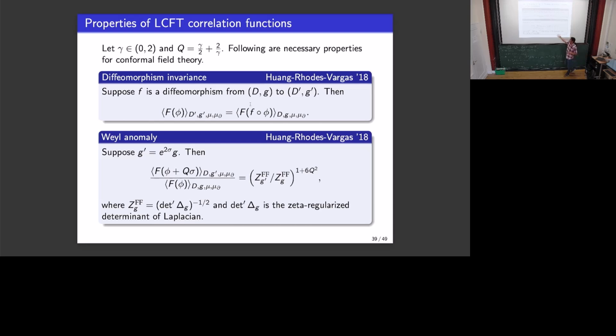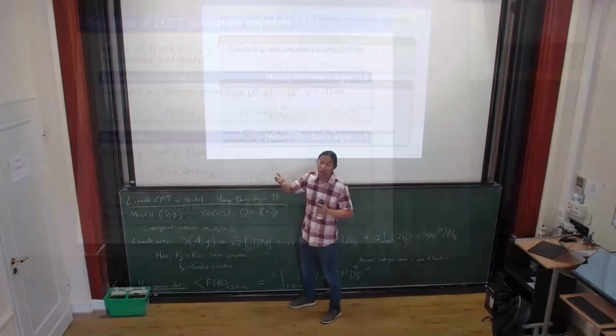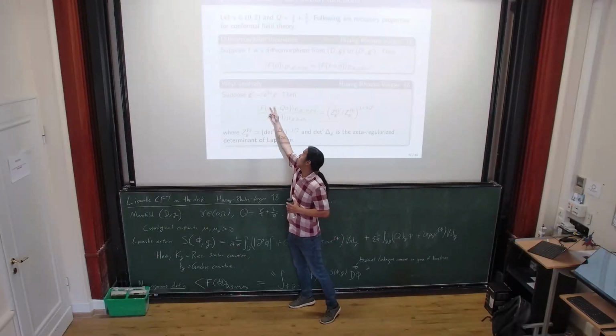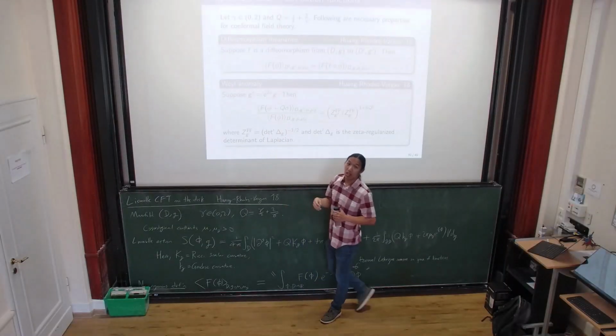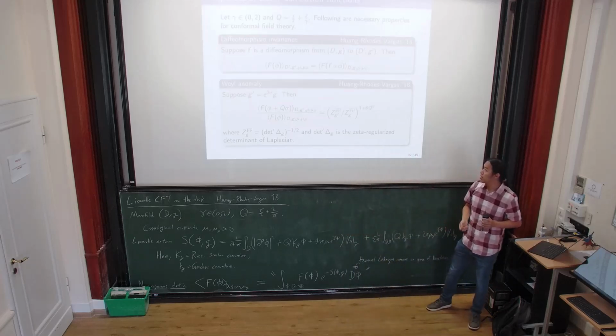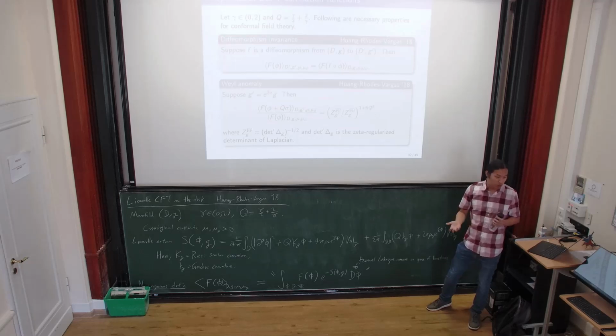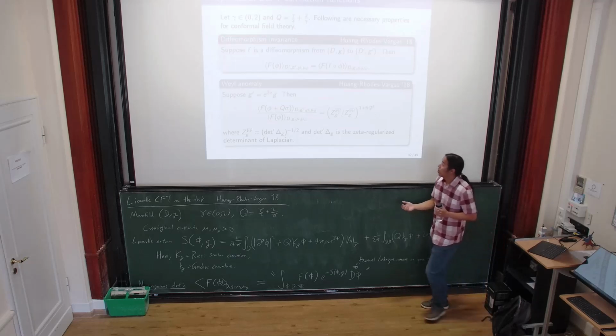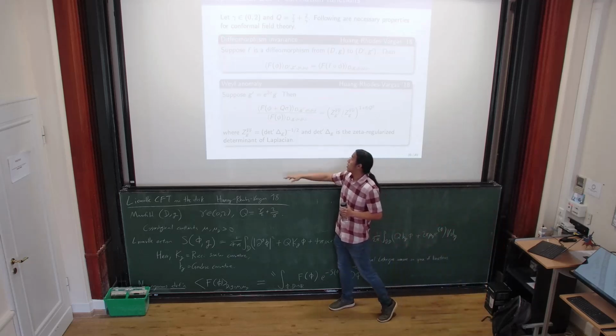You perturb the geometry. If you have a manifold with metric g, and you perturb it by adding this e to the 2 sigma term to make the metric bigger and smaller in various places, then what does that do to your correlation function? Well, there's an explicit formula for that.